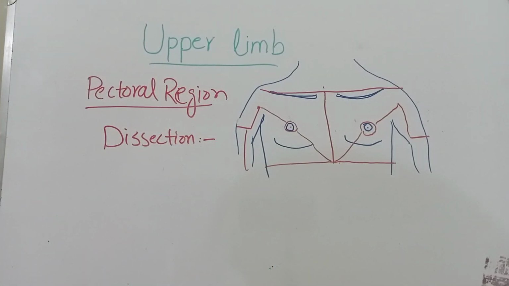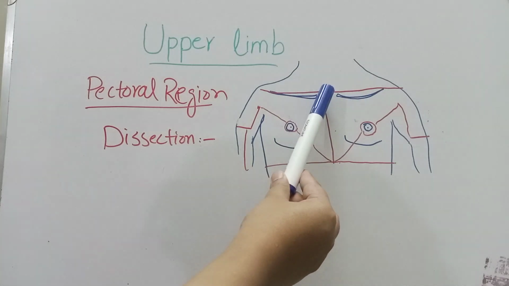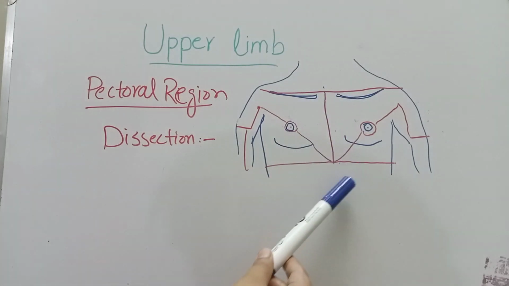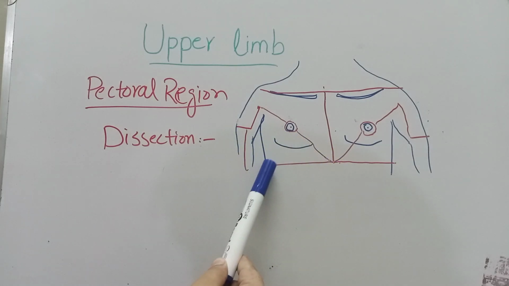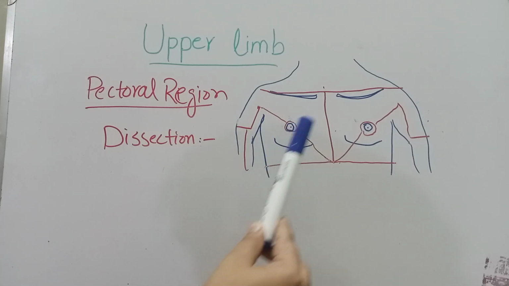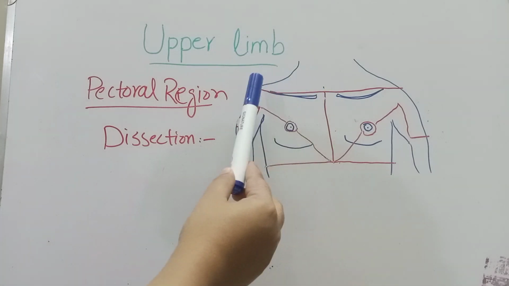Lastly, give a horizontal incision from the center of the suprasternal notch to the lateral or acromial end of the clavicle. So you are going to make an incision horizontally from the xiphoid process across the chest wall till the posterior axillary fold, and a horizontal incision from the suprasternal notch laterally to the clavicle.